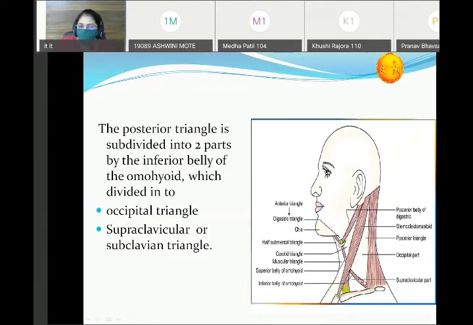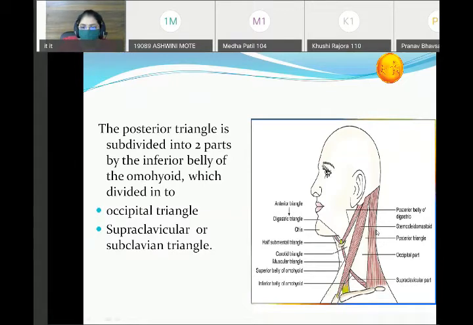So here you can see this is the inferior belly of omohyoid, which divides this posterior triangle into 2 triangles, the upper larger occipital triangle and the lower supraclavicular triangle. It is also called the subclavian triangle.